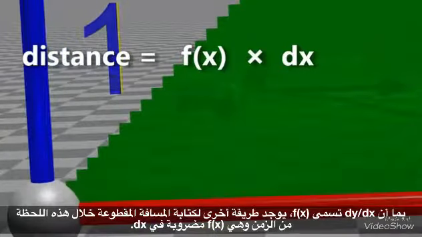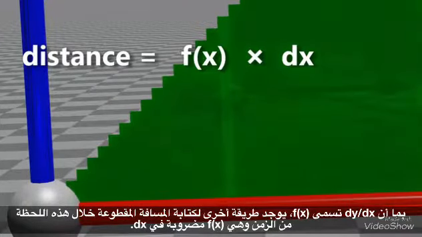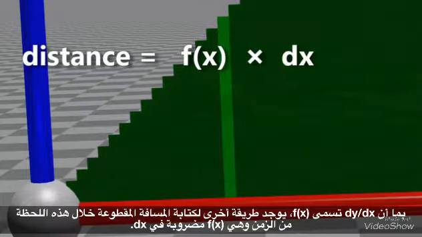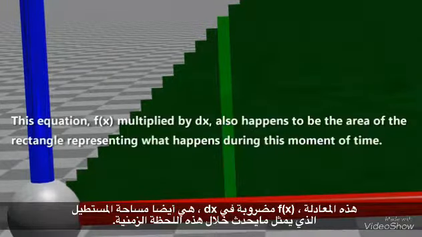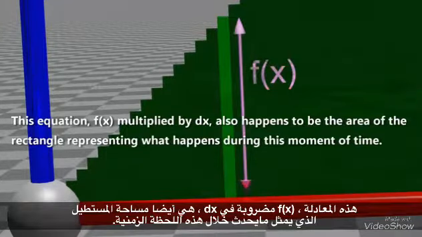Since dy divided by dx is called f of x, another way to write down the distance traveled during this moment of time is f of x multiplied by dx. This equation also happens to be the area of the rectangle representing what happens during this moment of time.